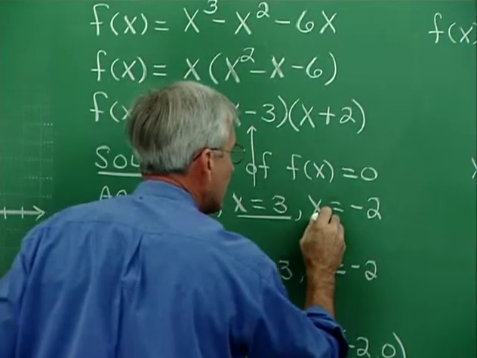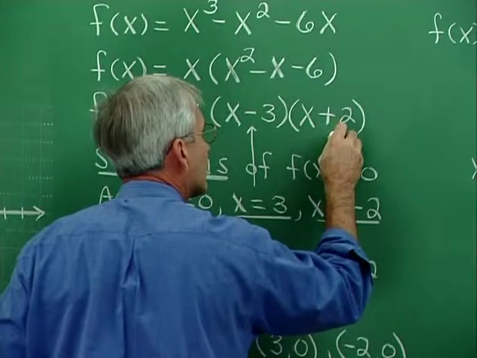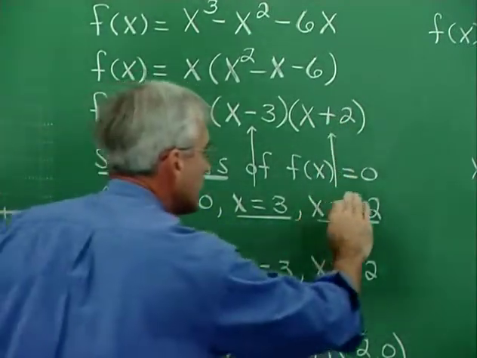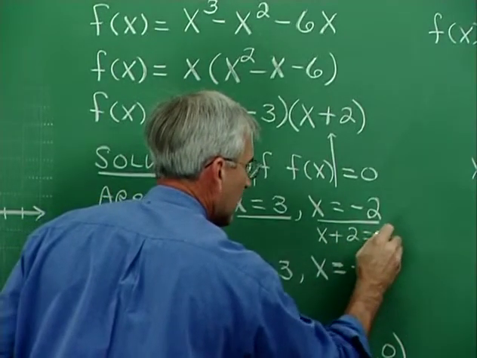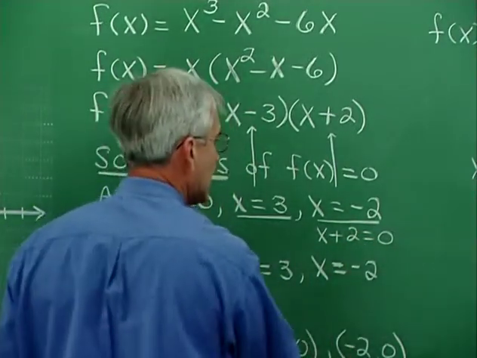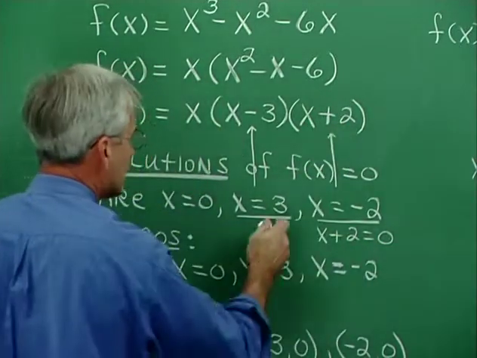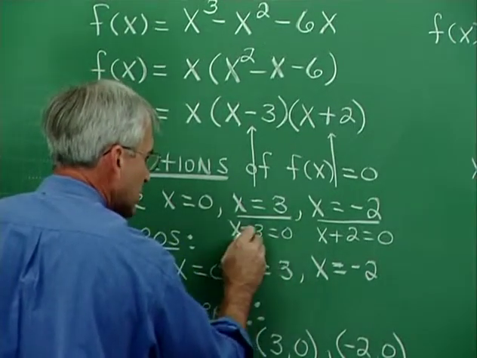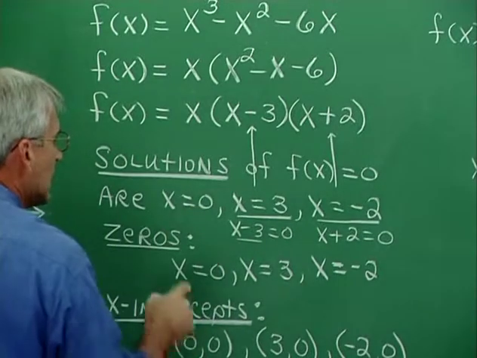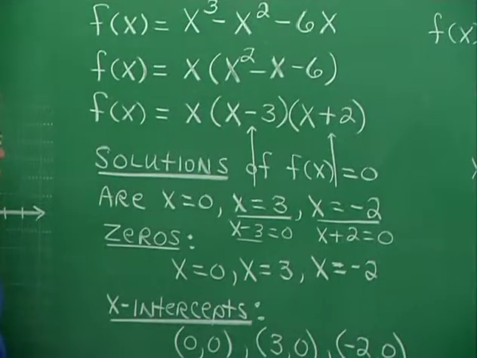If negative 2 is a 0, then x plus 2 is a factor. After all, we can just take this and manipulate a little bit. This is x plus 2 equals 0. You see, it's that idea that x plus 2 is a 0, x plus 2 is a factor. Same notion here: x minus 3 equals 0, and so x minus 3 is a factor here. x equals 0, and then x itself is a factor up here. That's an idea that we're going to come back to a little bit later.